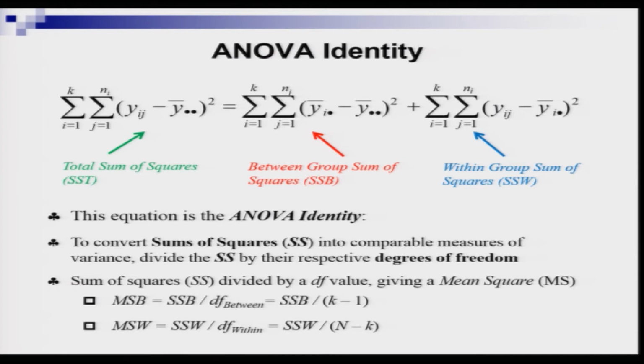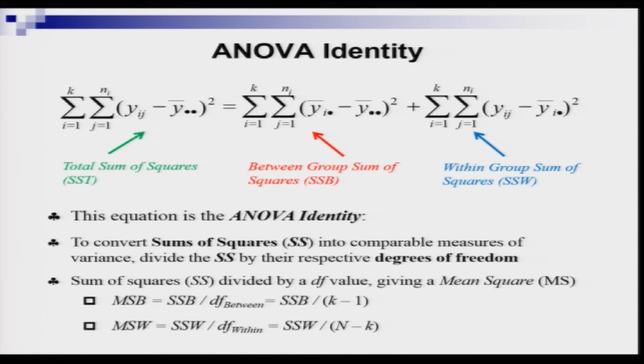Now, there could be two possible MS values here because of this ANOVA identity. One will come from the first component on the right hand side, which is SSB, and the second one will come from the second component on the right hand side of this identity, that is SSW.